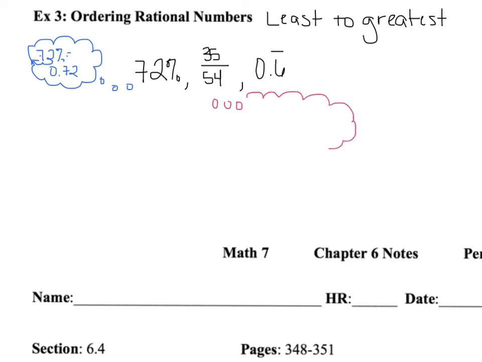So to change that fraction to a decimal, we need to remember that a fraction is just a division problem. Numerator goes first, 35 divided by 54. Type that in your calculator and you get 648 thousandths as your decimal approximation of 35/54ths.